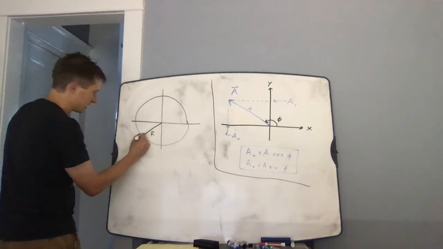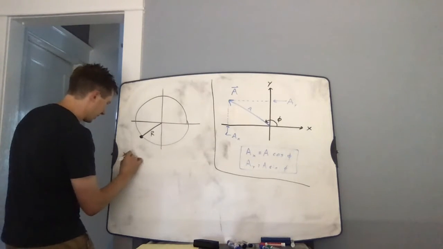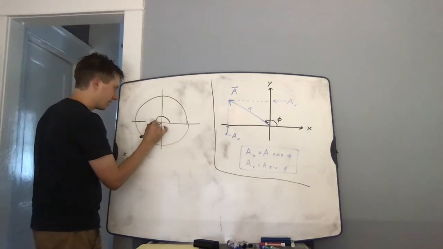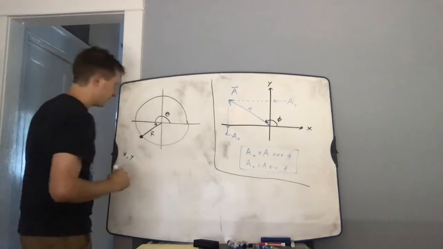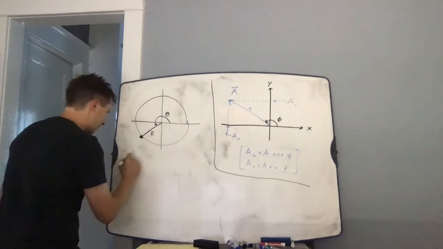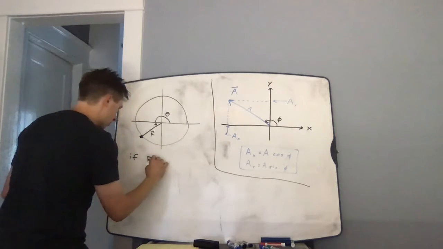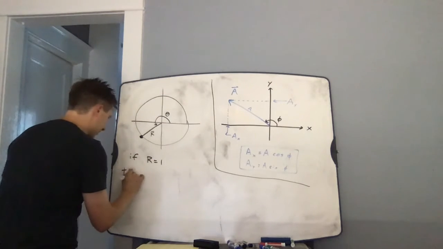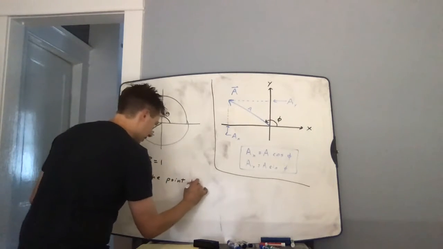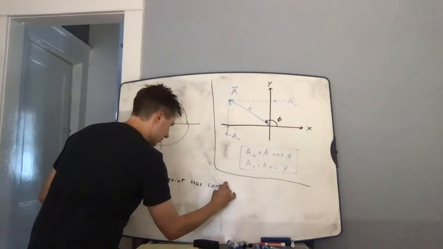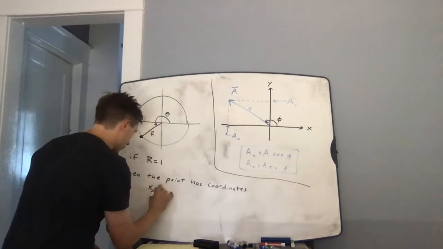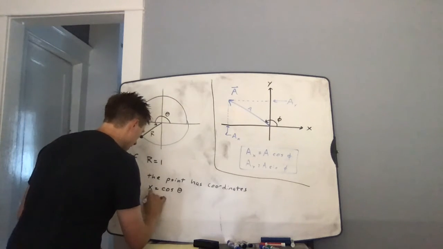Well, this point right here has coordinates x and y. And so if I were to begin and sweep around, and let's call this angle theta, I could say if r equals 1, then the point has coordinates x equals cos theta, y equals sine theta.